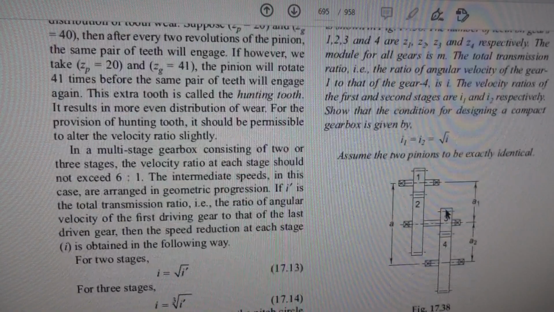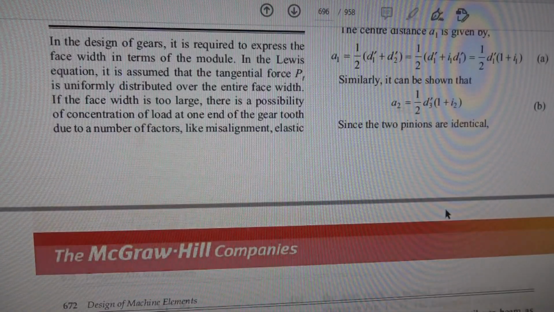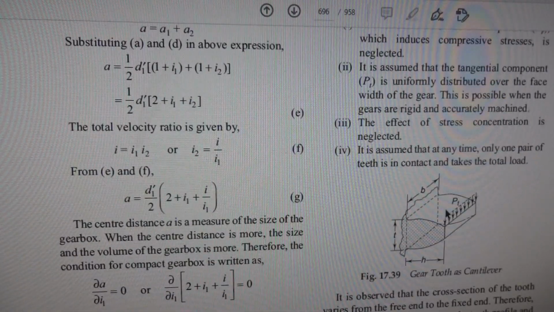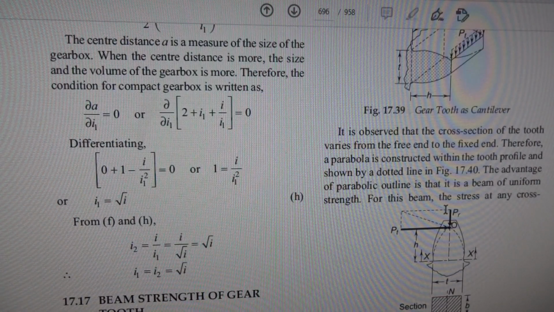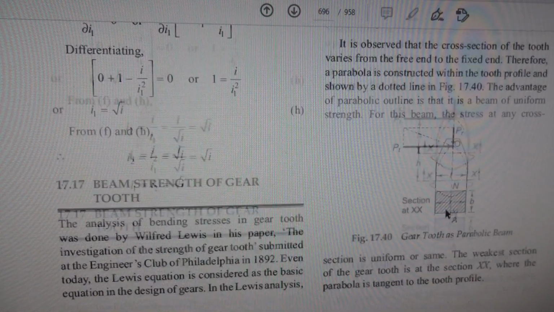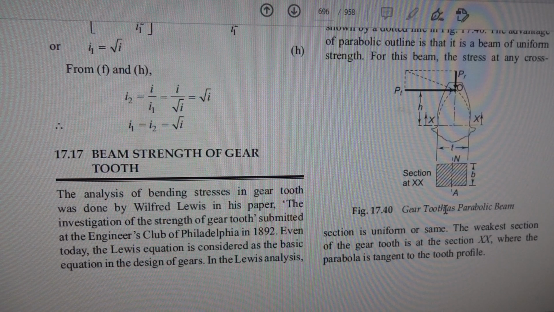Next, the Lewis equation, a very important formula which will be used for the design of the gear, is known as the beam strength of gear tooth. This is a very important formula. So how can we get the beam strength? It will be explained in this video.